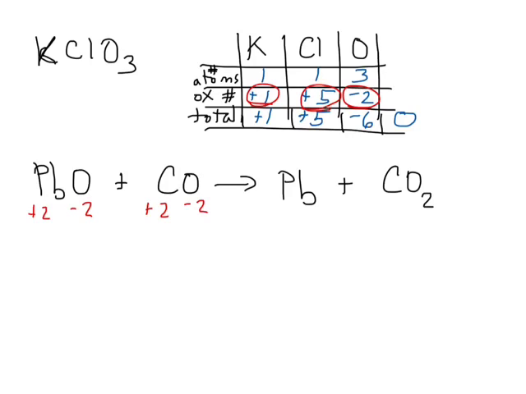Here now, lead is by itself. It's a metal, so its oxidation number is 0. Further down the line, in CO2, oxygen is still -2, but there are 2 of them for a total charge of -4, so carbon must have an oxidation number of +4. We definitely know we have a redox reaction because lead changes from +2 to 0.